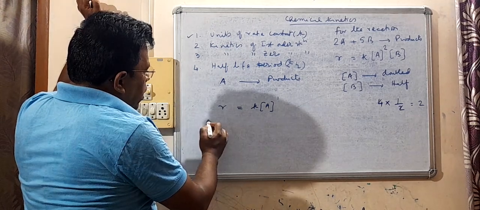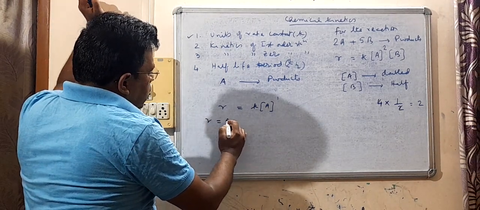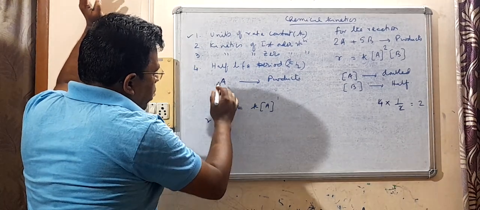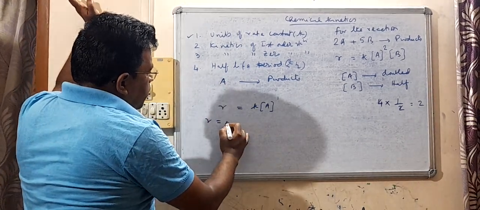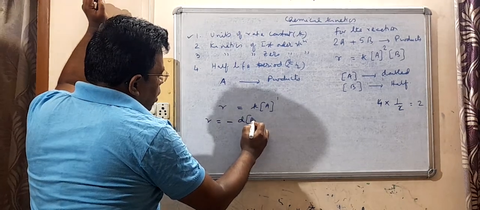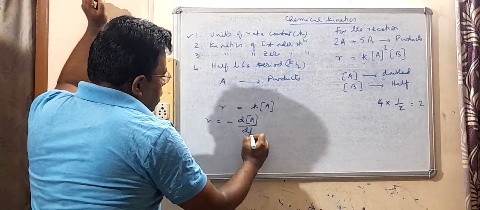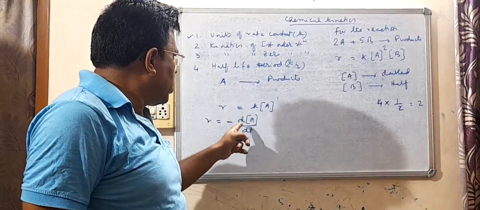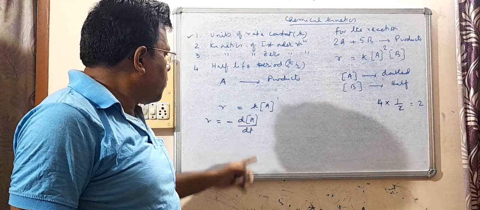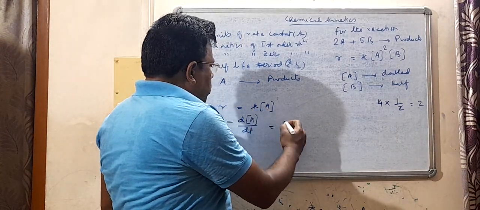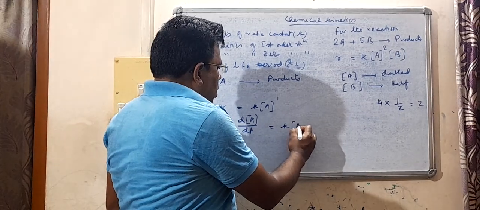Now this rate we can write as the rate of disappearance of A, which we can write as minus dA by dt. Rate of reaction is equal to rate of disappearance of A, which is equal to k[A].